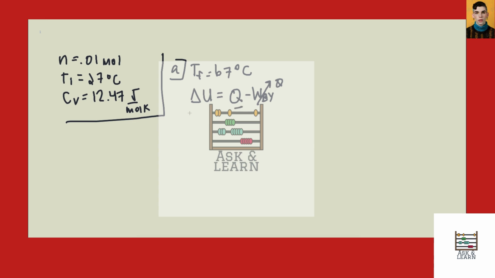So Q is just going to be the change in internal energy, and that's just going to be nCv times T final minus T initial. So if you plug in 67 and 27 and 0.01 and 12.47 joule per mole Kelvin, which I found in a table in the book, perhaps you will get what I get, which is 5 joules.